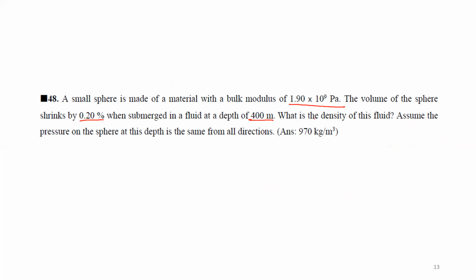What is the density of the fluid? Assume that the pressure on the sphere at this depth is the same from all directions. This is very important because I want to have a uniform compression. So you will have a uniform compression.